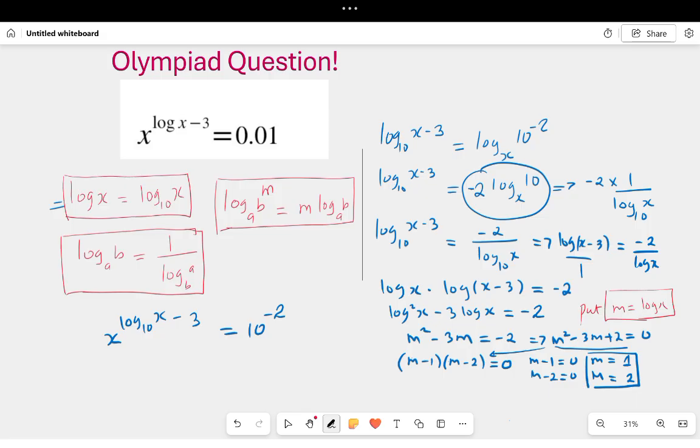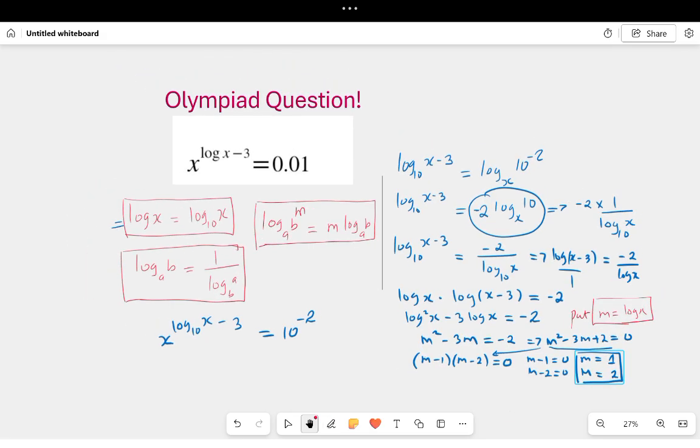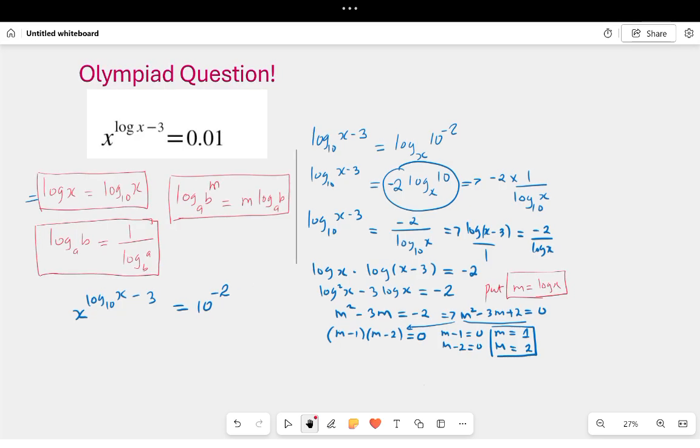Now, next, because at first we substituted and we said log x is equal to m, which also means logarithm to base 10 of x is equal to m.